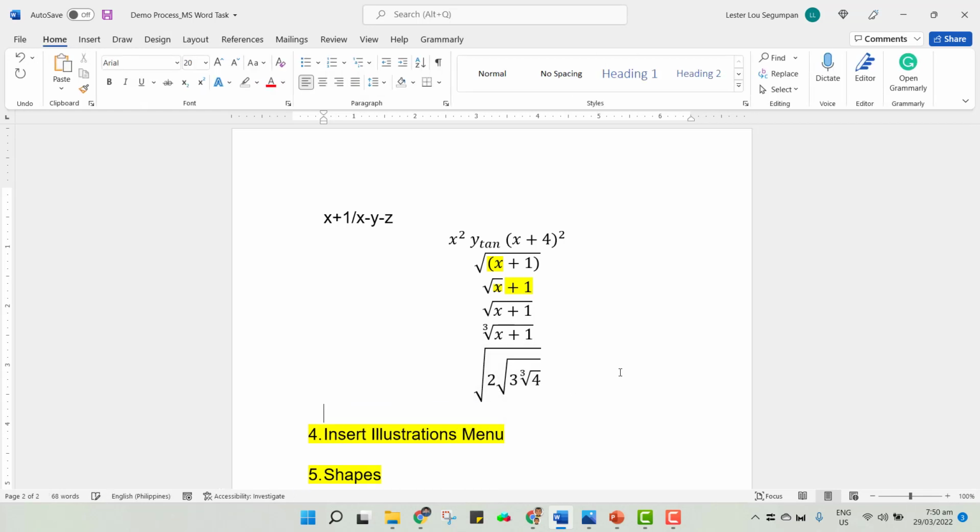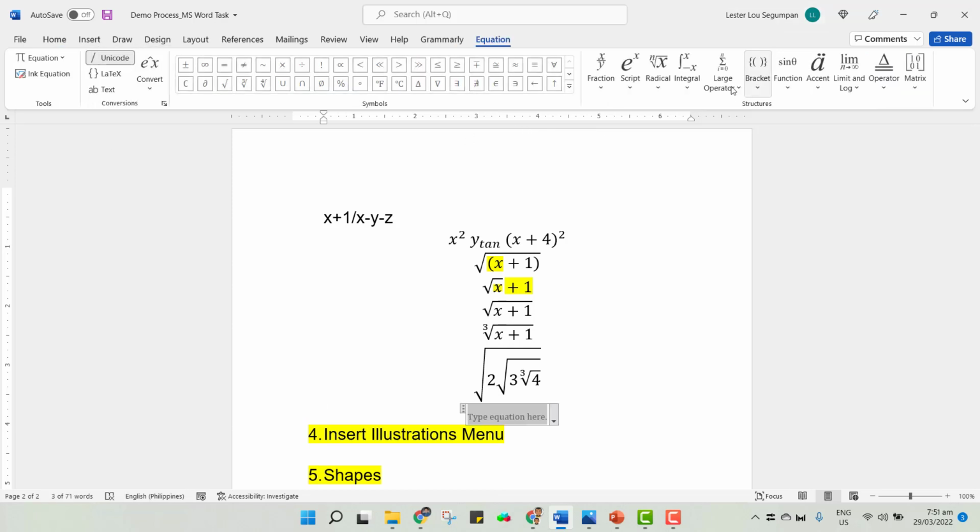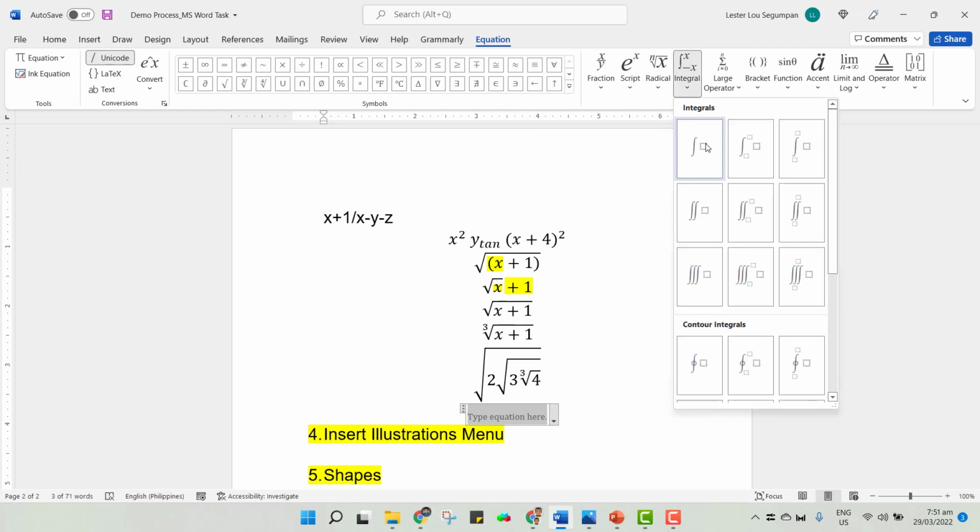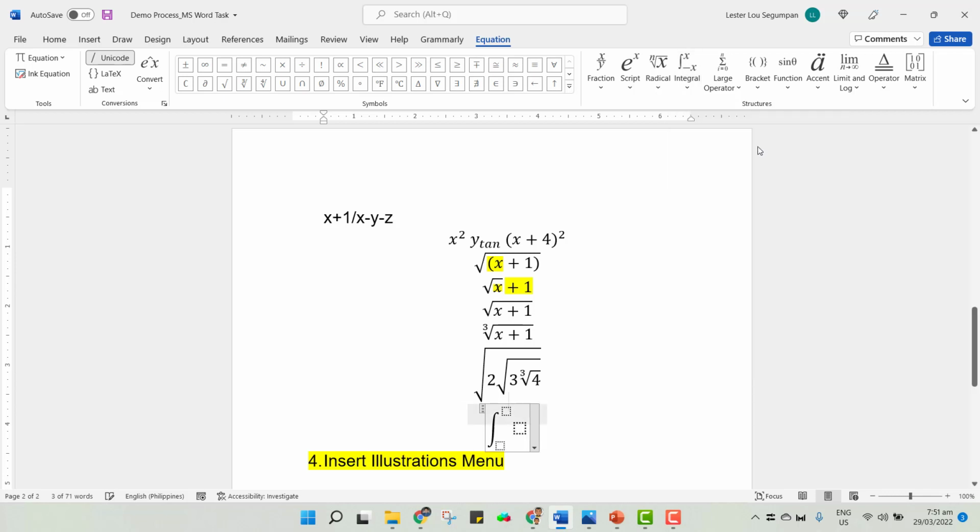Okay. Aside from the structure for radical, here comes those who will be teaching calculus later on, integral. You have double integral, multiple integral. So you could have it here, integral of x. If you would like it to be an exponent, you could lump here again, exponent.